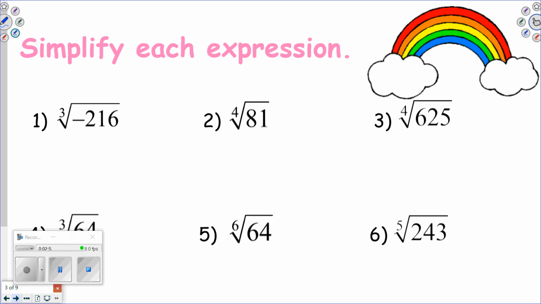If you are using a graphing one, look underneath math, which is underneath your green button. Option number 4 is your cubed root. So for number 1, if I want the cubed root of negative 216, I would hit option 4, which would bring up the cubed root, and then type in negative 216. You should not get an error. It is negative 6.